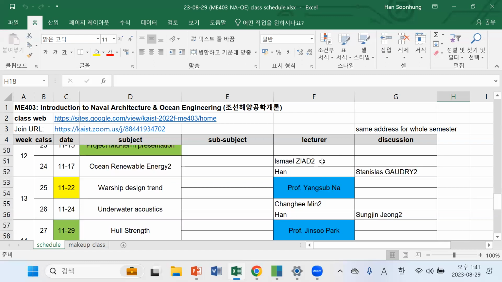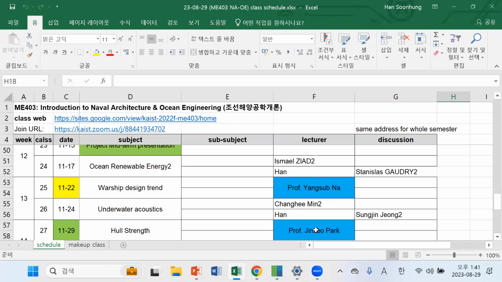Professor Na was a Navy officer for a long time, in the Korean Navy. So he will show you how Navy vessels are designed and how warships are produced.